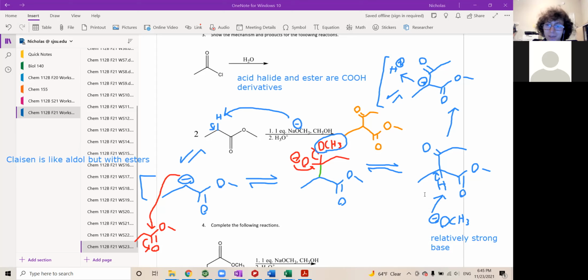It has a pKa of about 10. And that's why you need this second step, and it has to be a separate step to add acid just to put the hydrogen back. So yeah, it seems pointless, but yeah.